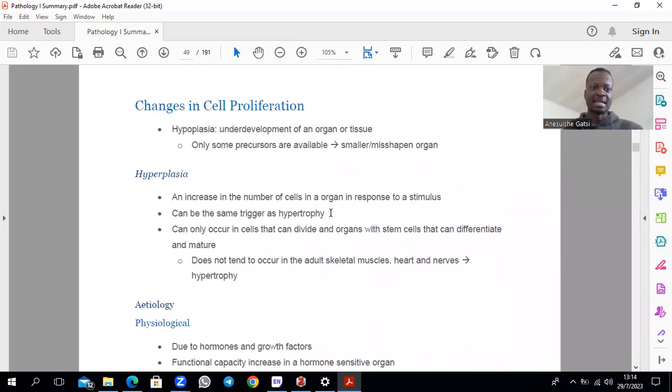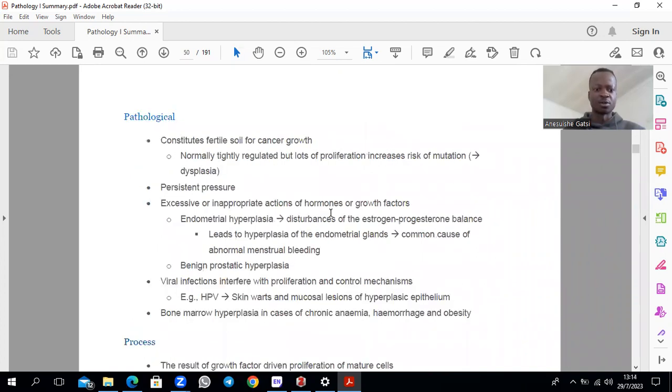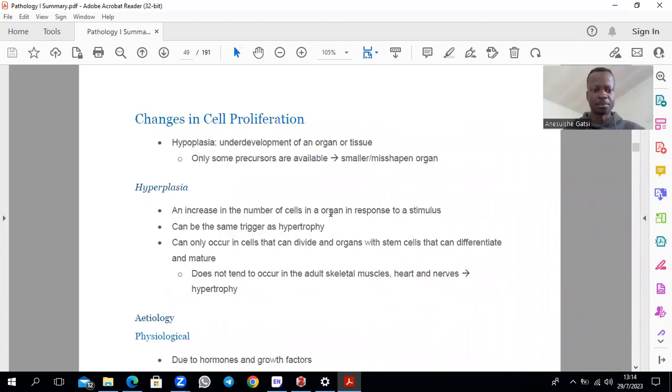Then hyperplasia, it's an increase in the number of cells in the organ. And you will have an increase in organ size as well.